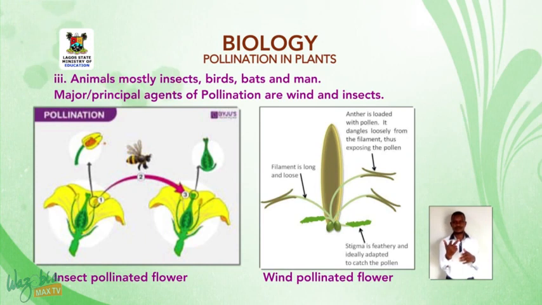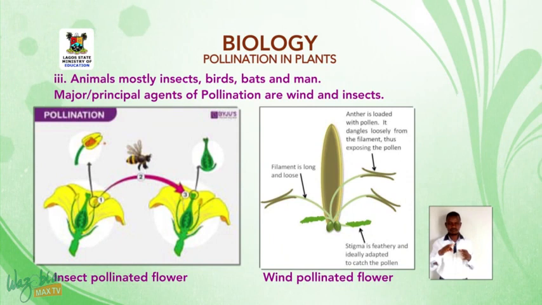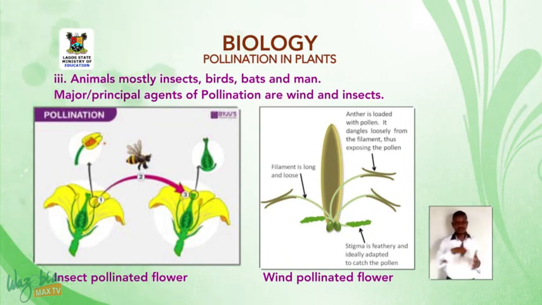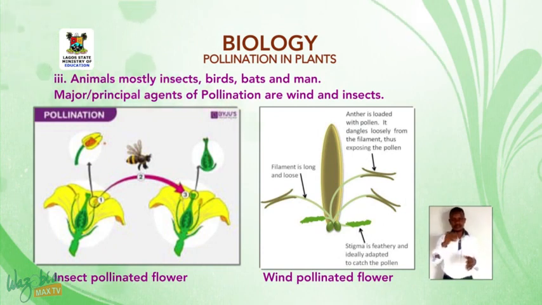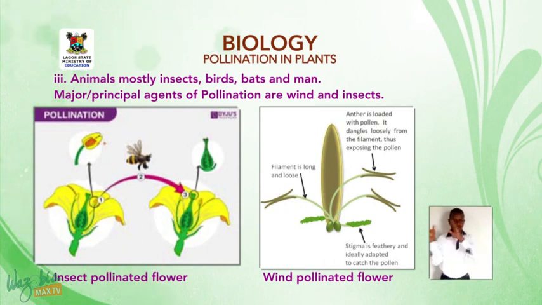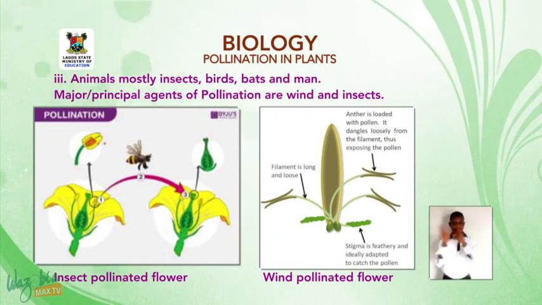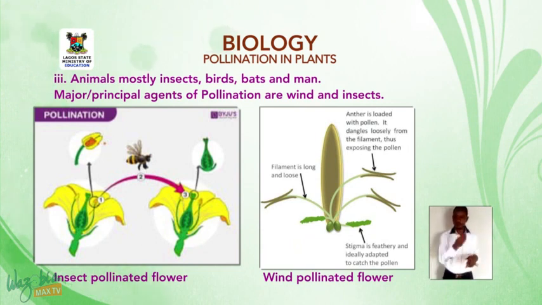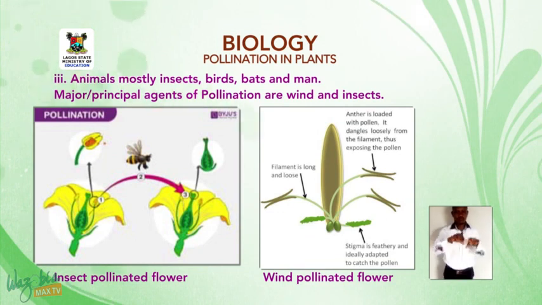Animals, mostly insects, birds, bats, and man. Look at the picture. Out of these agents, we have the major or principal agents of pollination, which are wind and insects. Look at the picture of wind-pollinated flower and insect-pollinated flower. Note your observation. We will go on break now and we'll be back shortly.